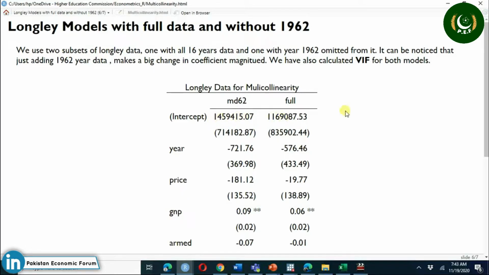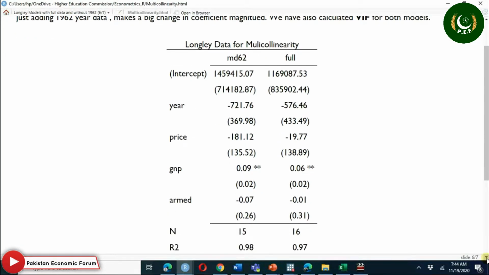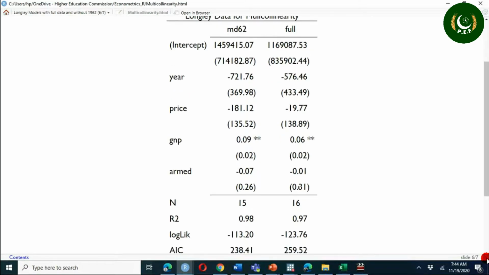This intercept, then you see the year coefficient, there is maybe a 400-500% reduction here in the price coefficient, and 600% reduction in your armed forces coefficient. So you see, by including only one observation or by dropping one observation, most of your coefficients change by a large magnitude.